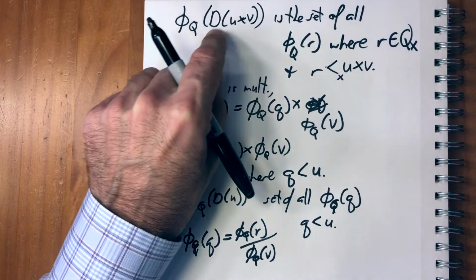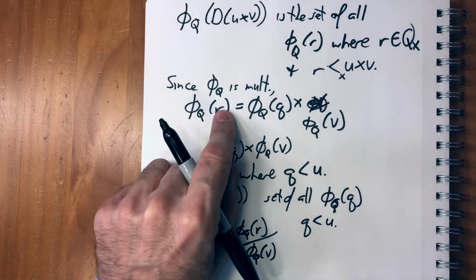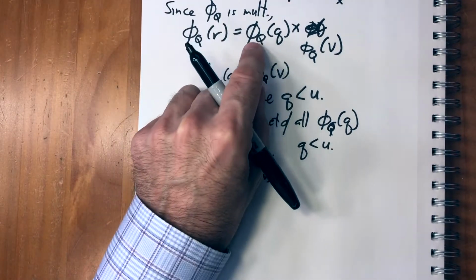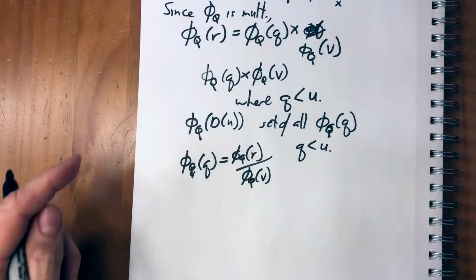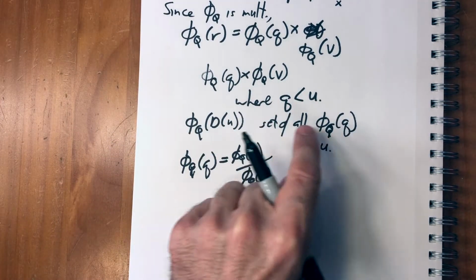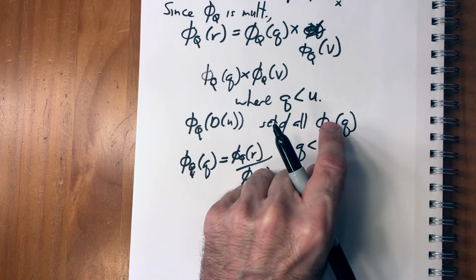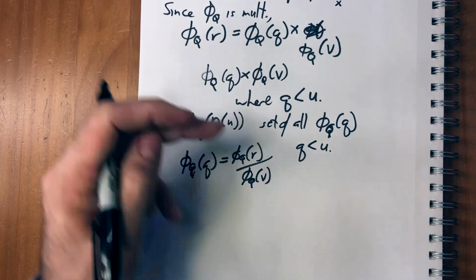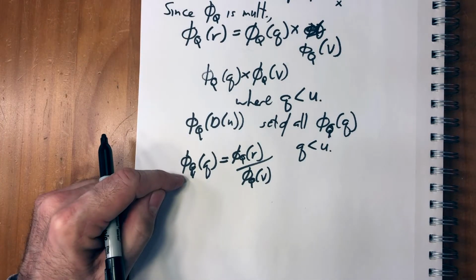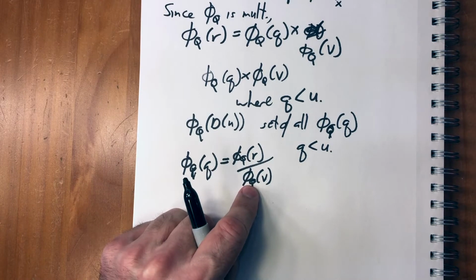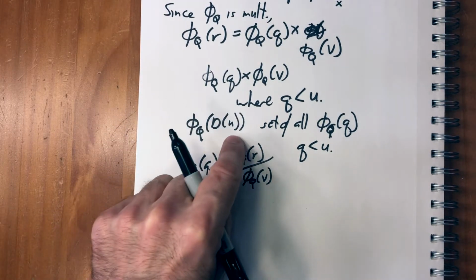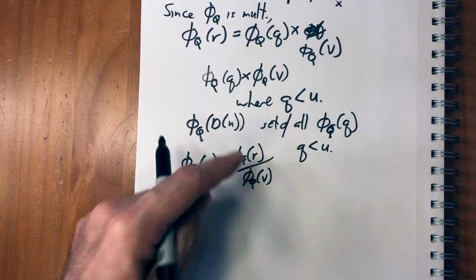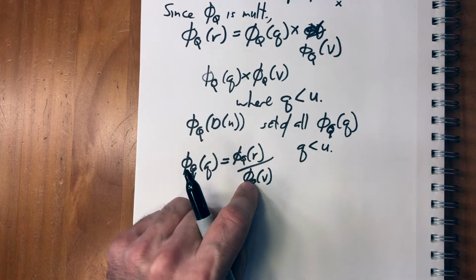Since φ_Q of d(u times v) is the set of all φ_Q of r, which equals φ_Q of q times φ_Q of v with q less than u, we can use this to rewrite φ_Q of q as φ_Q of r over φ_Q of v. So we can then say that the set φ_Q of du is the set of all φ_Q of r over φ_Q of v.